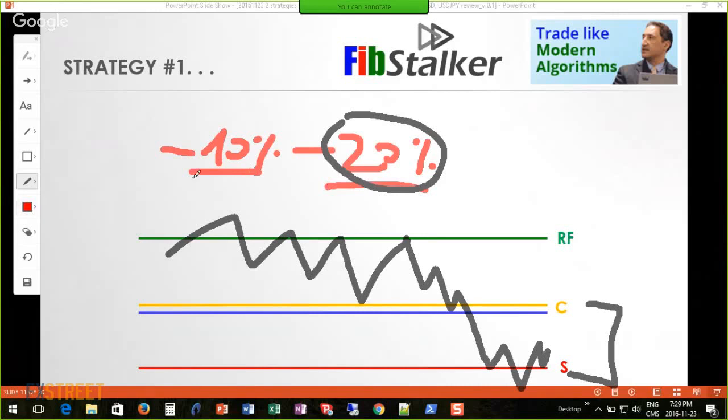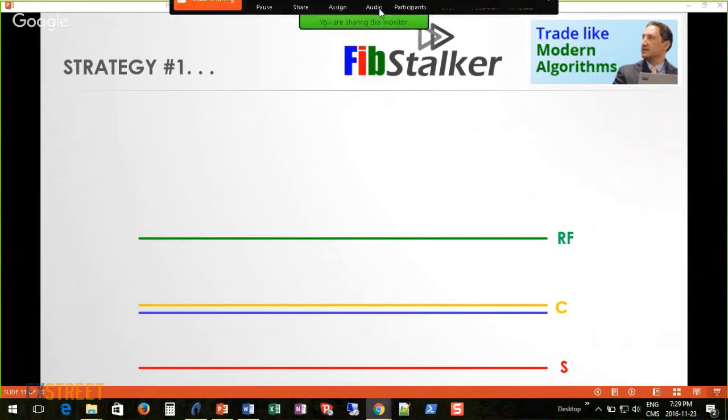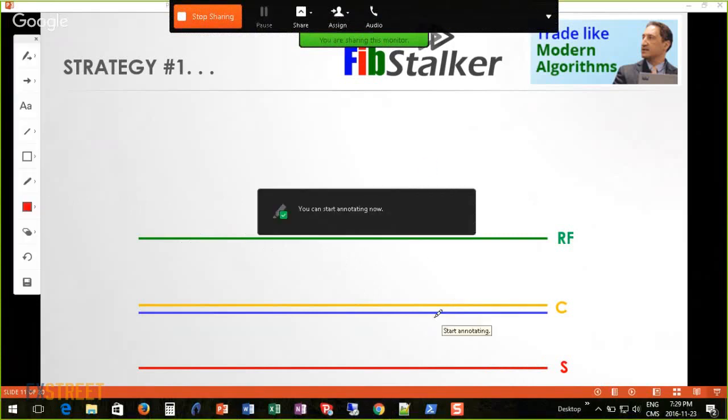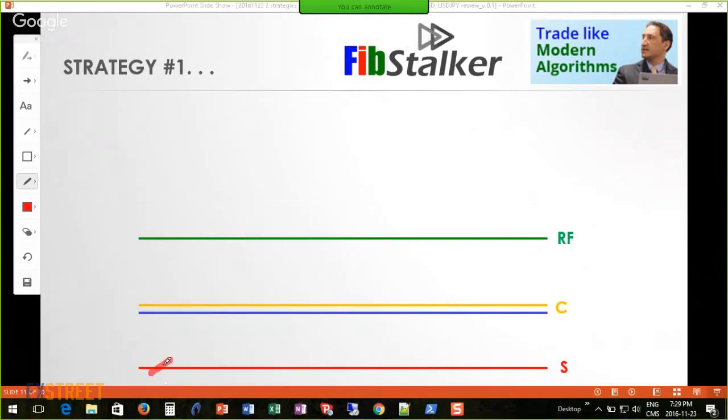And so I often talk about risk acceptance, because whenever you put on a trade, you know where your stop is.